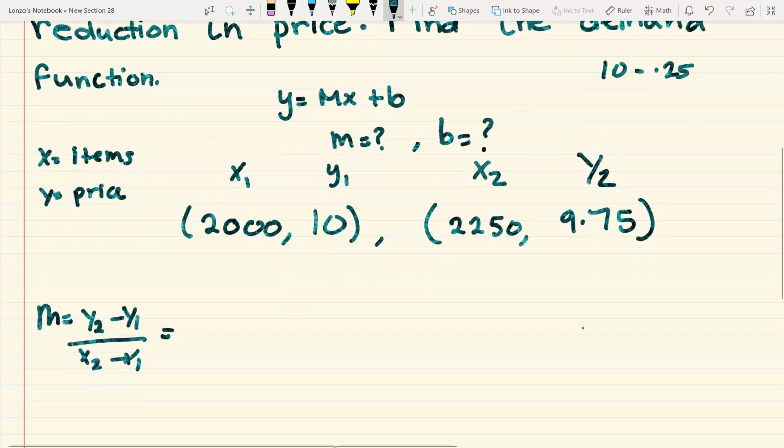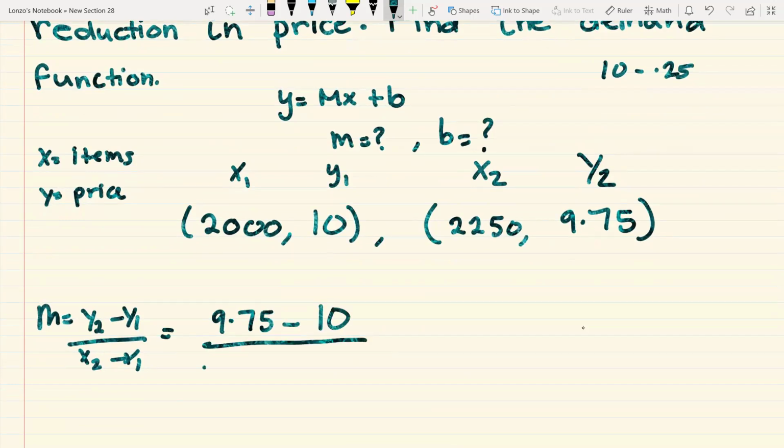So y2 is 9.75 minus y1, which is 10. And then x2 is 2250 minus x1, which is 2000. Okay, so 9.75 minus 10 is negative 0.25. And then 2250 minus 2000 is 250.